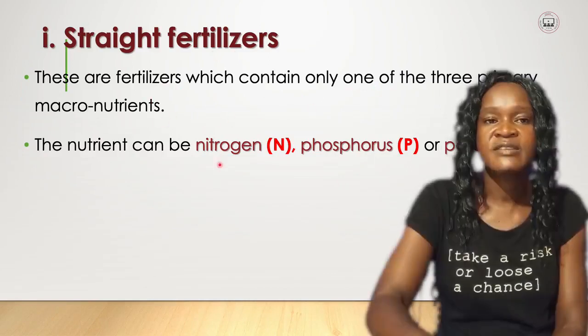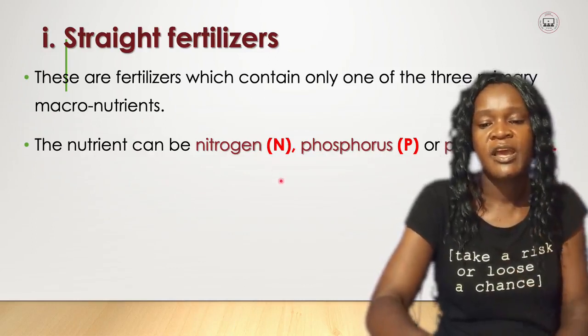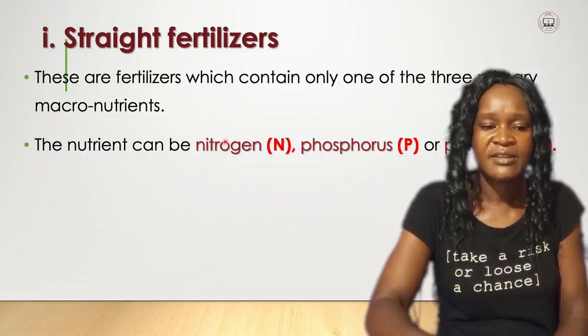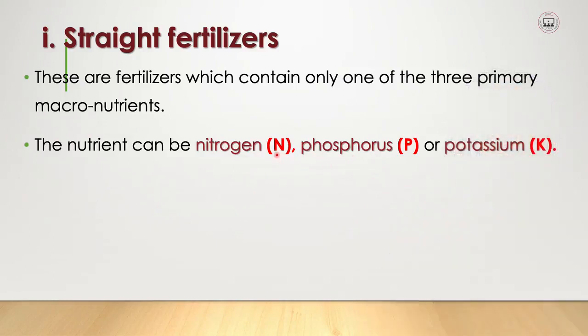If the fertilizer contains only nitrogen and not the other nutrients, that's a straight fertilizer. If it only contains nitrogen, apart from phosphorus and potassium, it means that's a straight fertilizer.